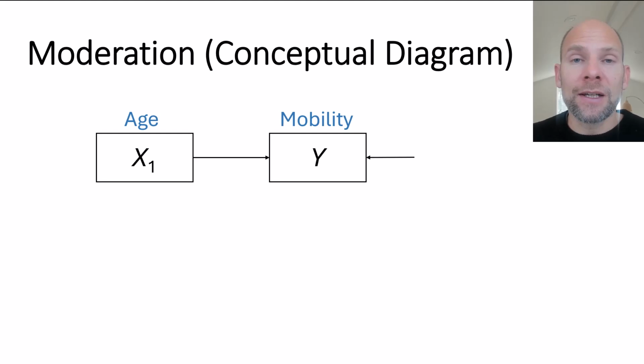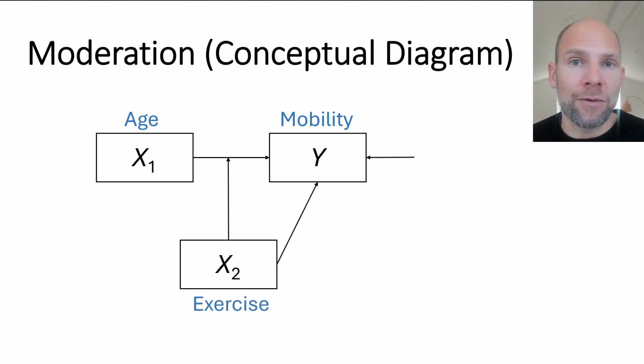However, this decline may be halted or may be at least improved by exercising. So exercise could be a moderator variable here, which may alter the relationship between age and mobility, such that individuals who exercise a lot show less mobility problems at older age.